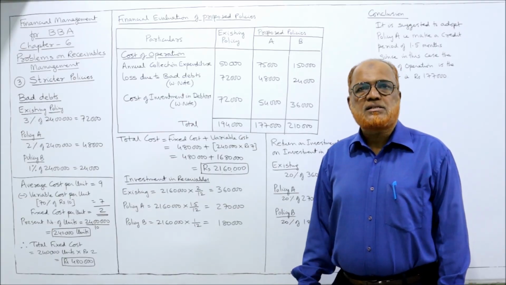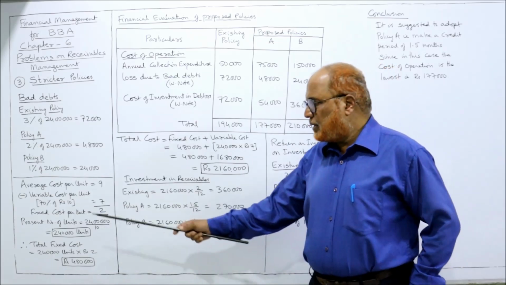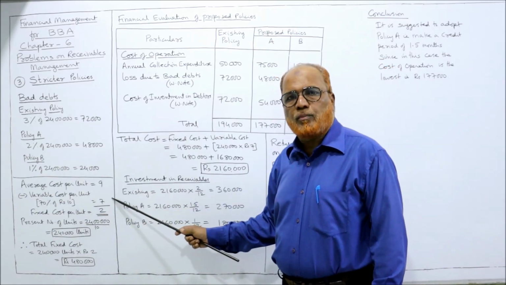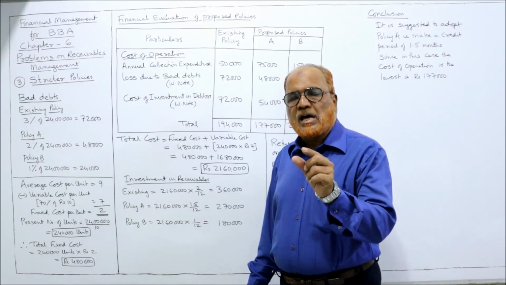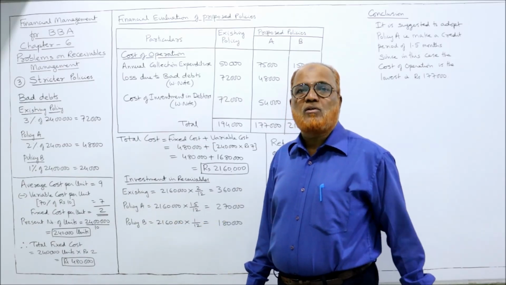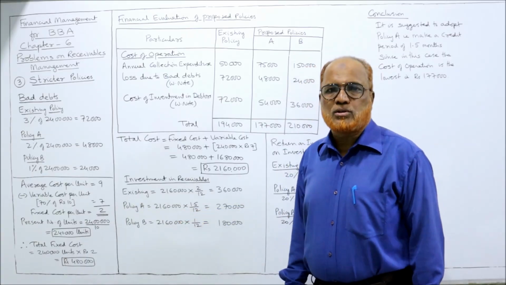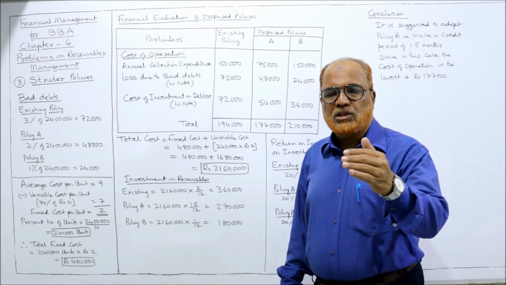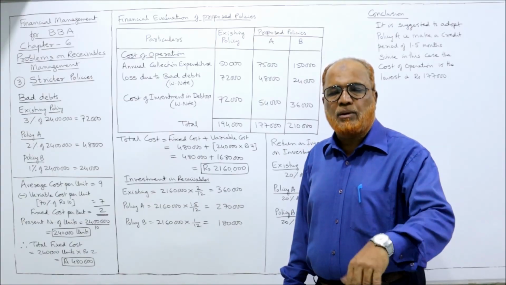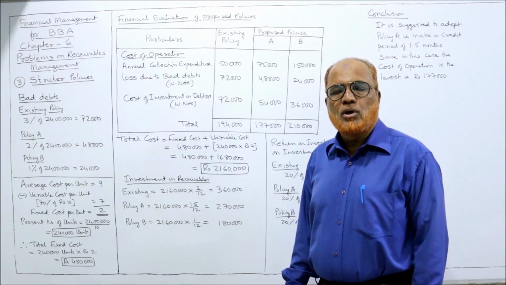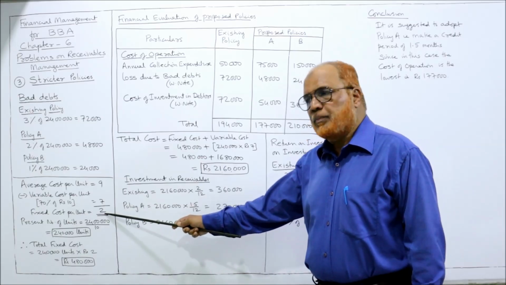The selling price is 10 rupees. So 70% of 10 rupees, 7 rupees. So 9 rupees is the average cost, 7 rupees is the variable cost. Subtract 7. 2 rupees is the fixed cost. So from average cost, if we subtract variable cost, the remaining cost is the fixed cost. So per unit, 2 rupees.